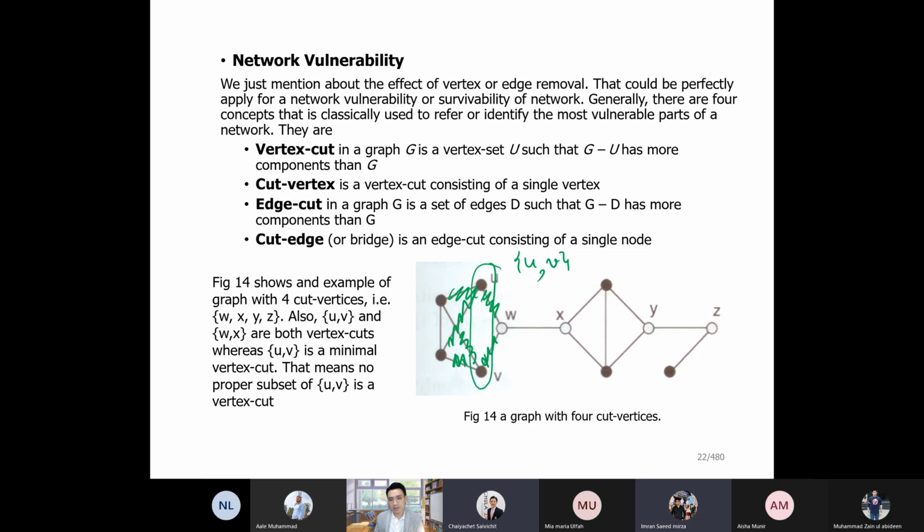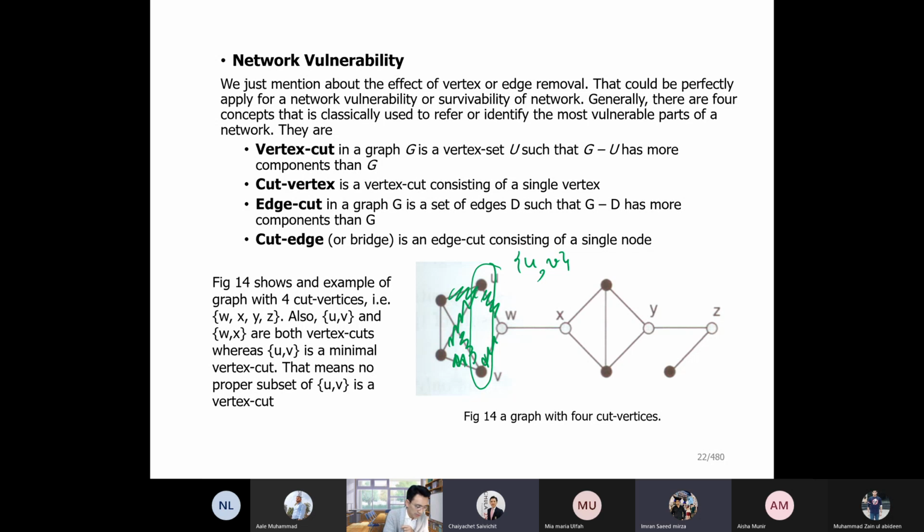Professor? Yes. So we can say in this scenario that the vertex cut is in the single graph, and the cut vertex connects two graphs. A vertex cut could be multiple vertices whose removal could cause disconnection, whereas a cut vertex is a single node whose removal causes the disconnection.